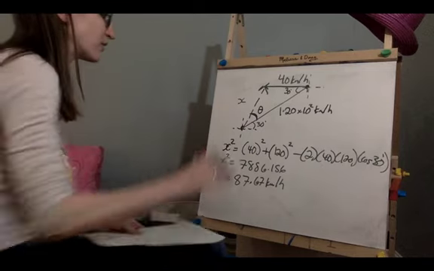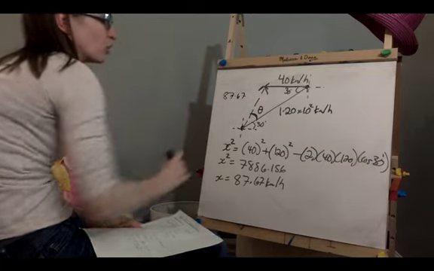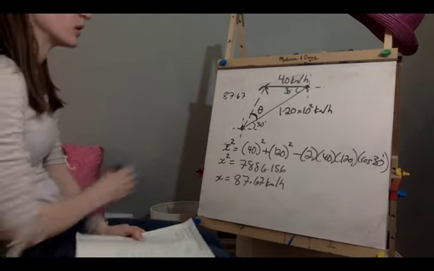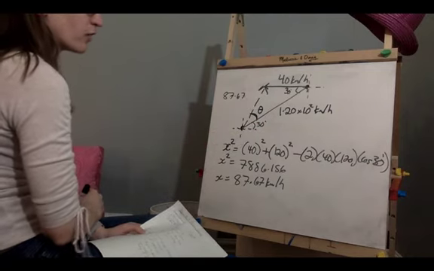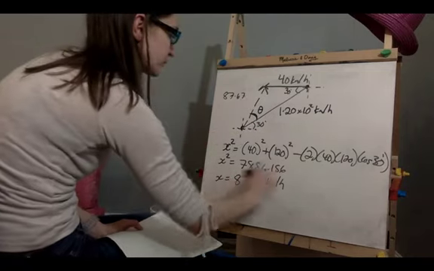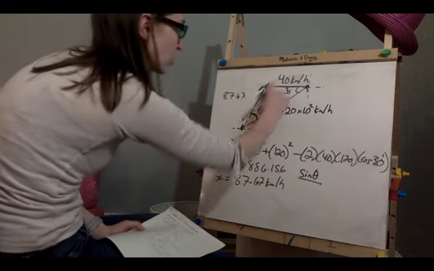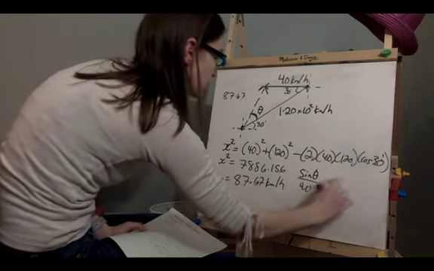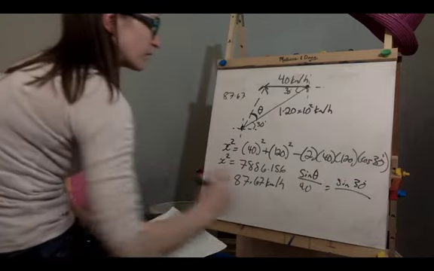So now that we have this value of 87.67, we can use our law of sines, because now we have a pair to find that missing angle. So we can set up sine theta over 40 is equal to sine 30 over 87.67.